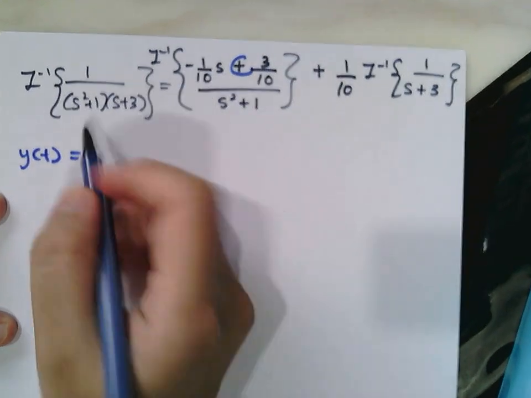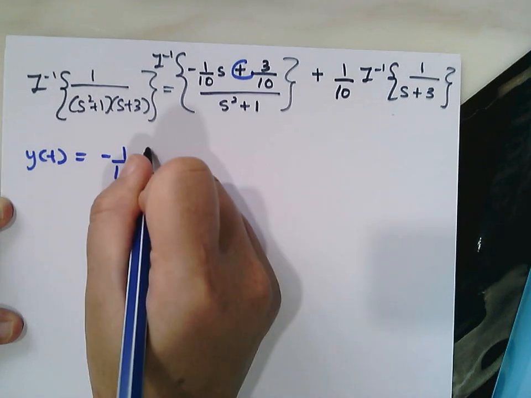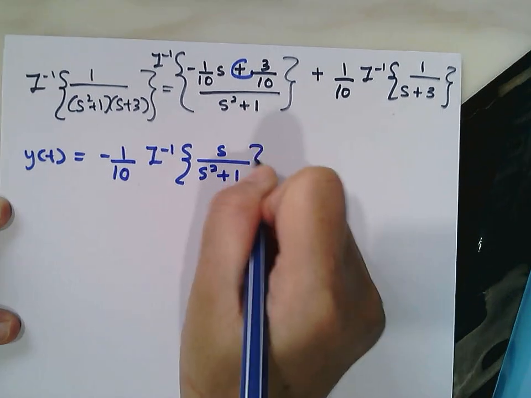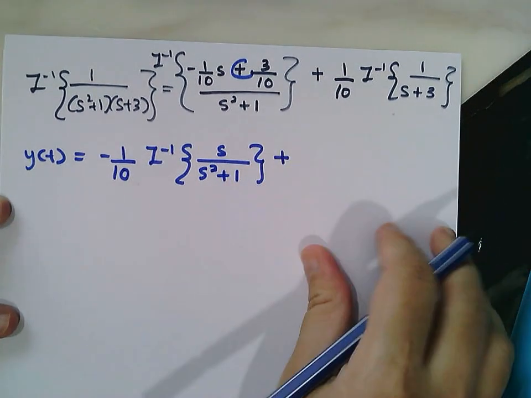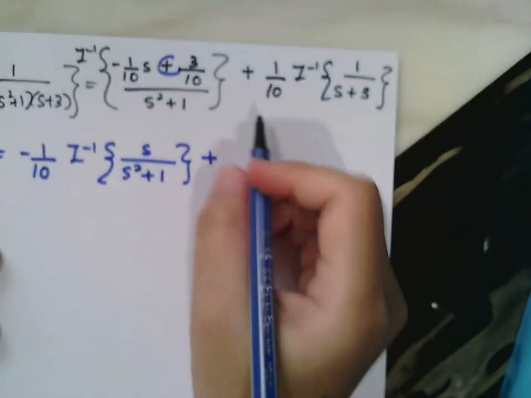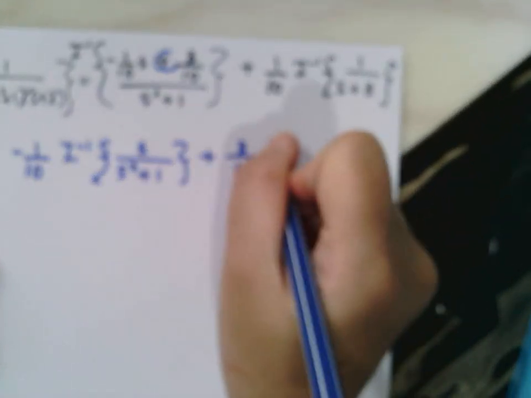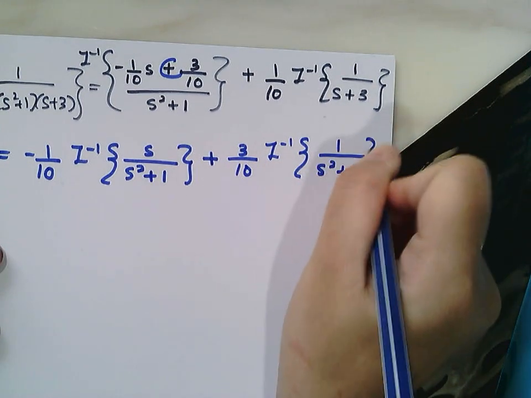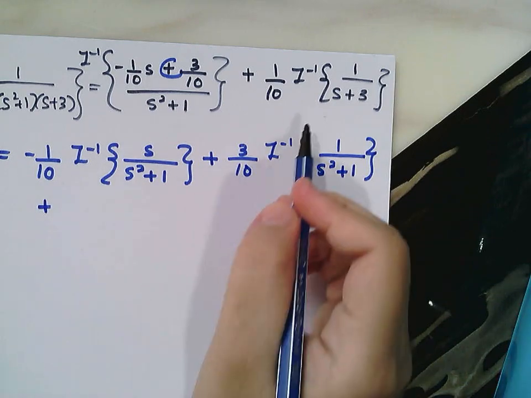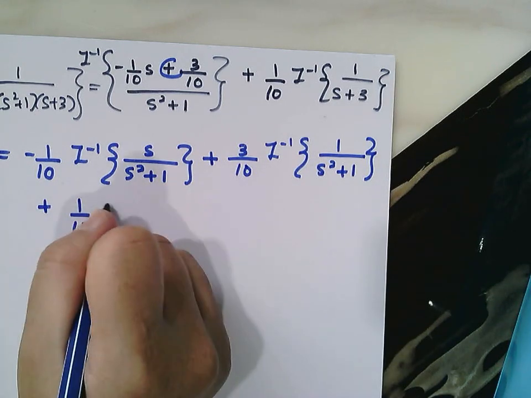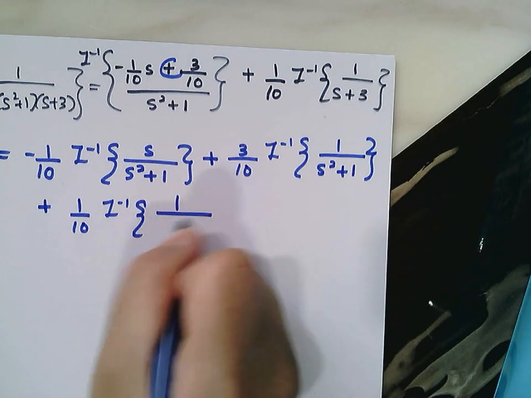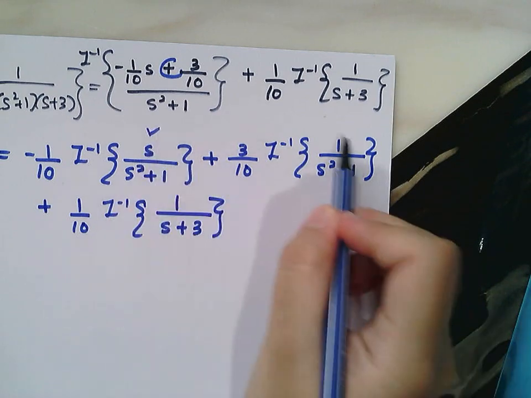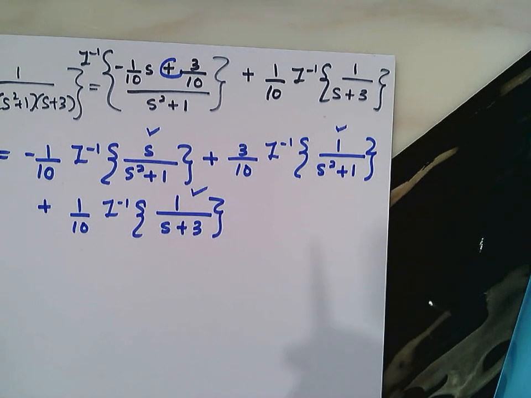Negative 1 over 10 is a constant, so inverse of s over s squared plus 1, plus 3 over 10 is a constant, so factorize 3 over 10. You are left with 1 over s squared plus 1, plus the last function is 1 over 10 inverse of 1 over s plus 3.